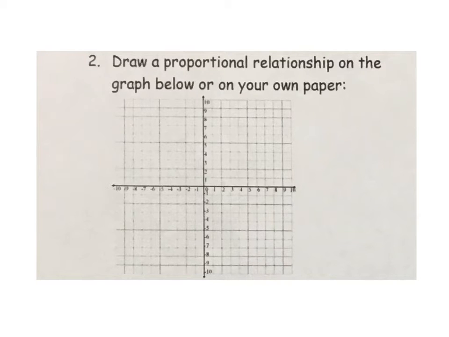The line is going to look like this, or it could look like this, but either one of those options is what yours is going to look like on your paper. That was number 2. Easy, just draw a line on the graph. It has to be proportional though.